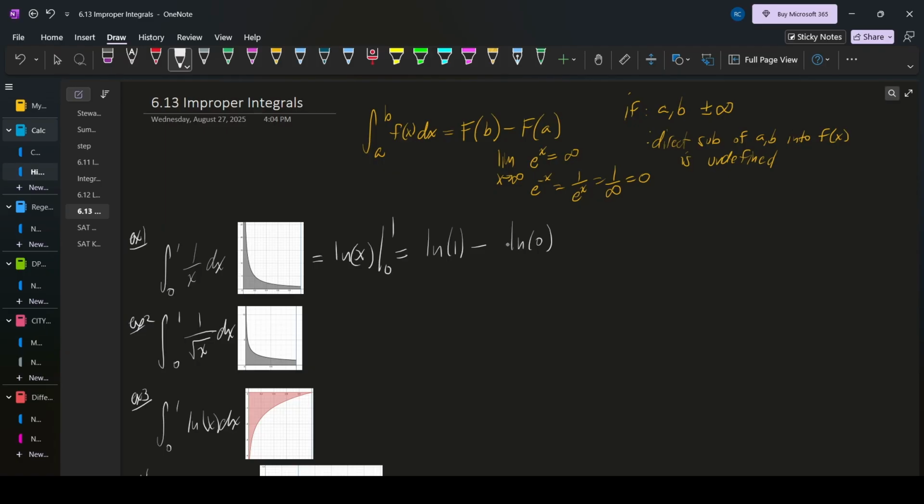So instead of writing natural log of 0, we're going to use a limit statement. We're going to take the limit as some other number, I'm going to say capital B. I like B. I've seen it in very many textbooks.